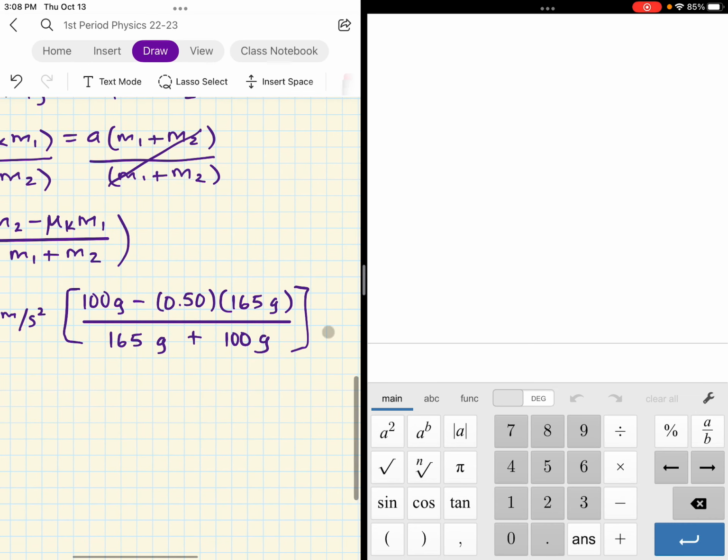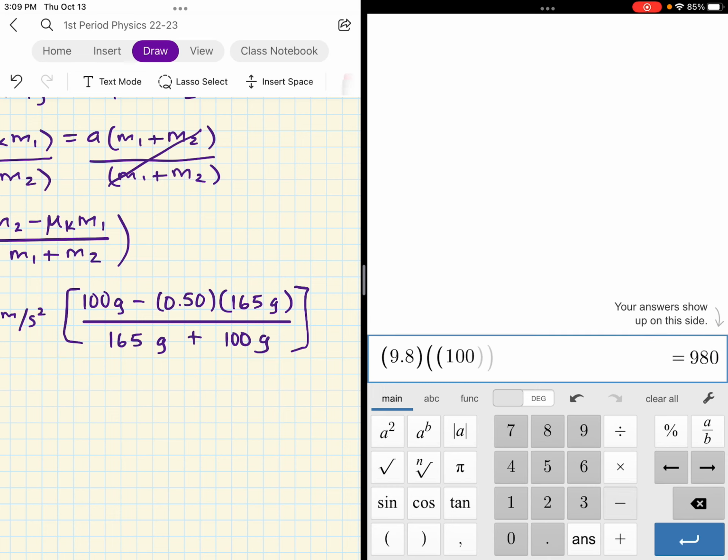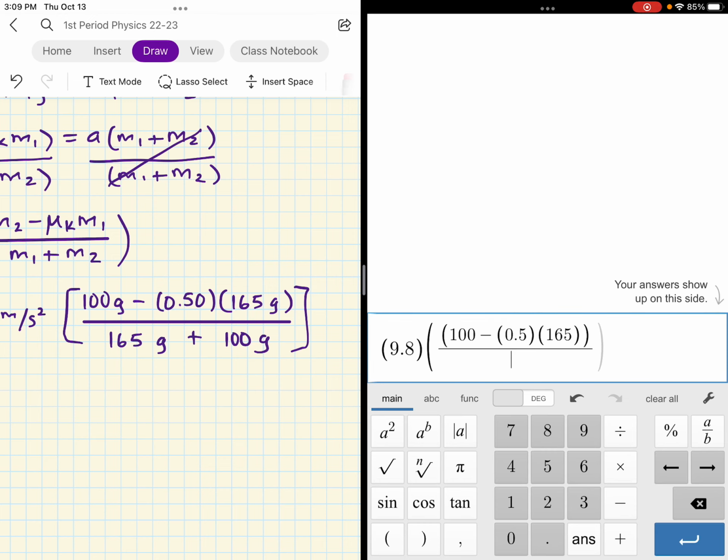Okay, so I'm going to work on this first. Then I'm going to multiply times 9.8. Oh, you know what? No, because the calculator is intelligent, so I can do everything at once. 9.8 times (100 minus 0.5 times 165), then that's divided by 265.